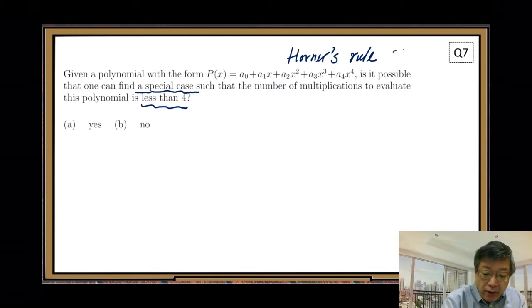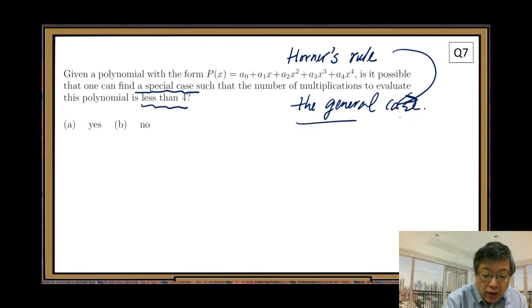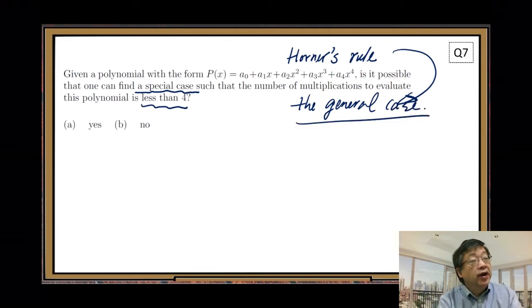Second, we also know Horner's rule is applied on the general case. That is, for any given coefficients, A0, A1 through A4, we can apply Horner's rule.